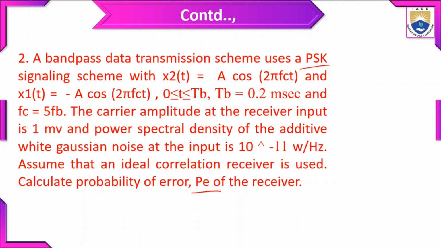PSK digital modulation is used, sending these two signals. So at the receiver, what is the probability of error? Probability of error means how much error occurs, at what probability. So we are going to measure the probability at which the error occurs.